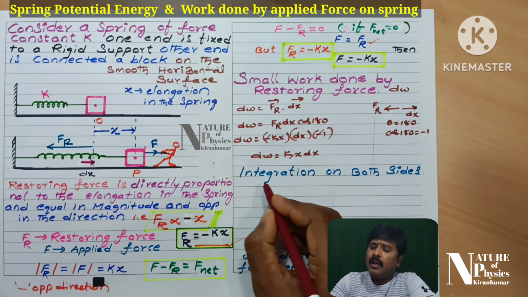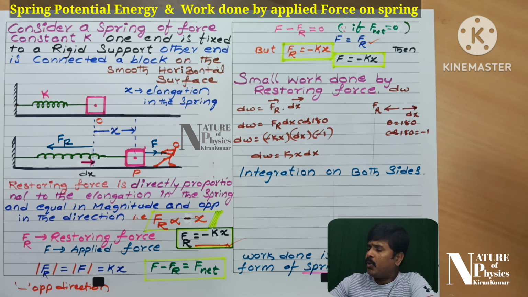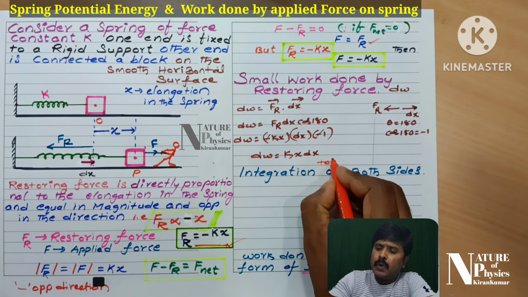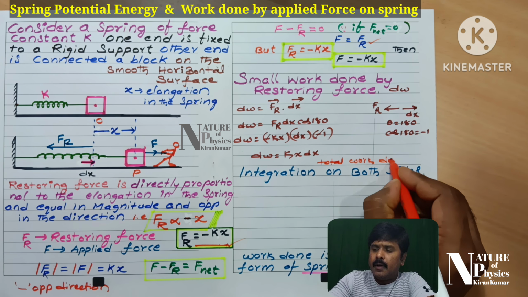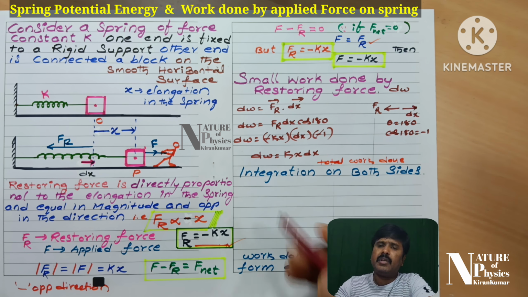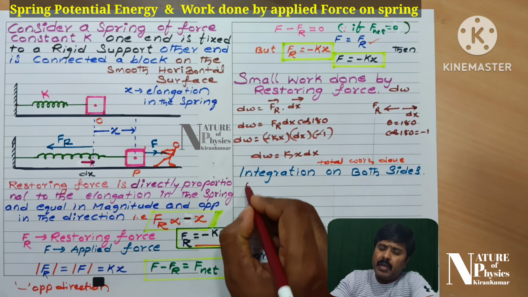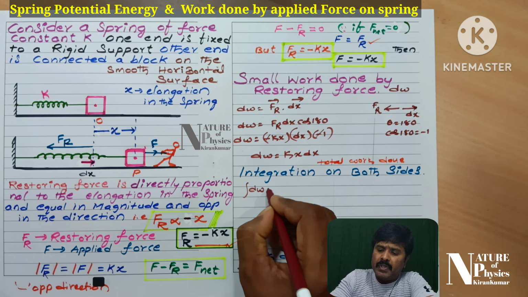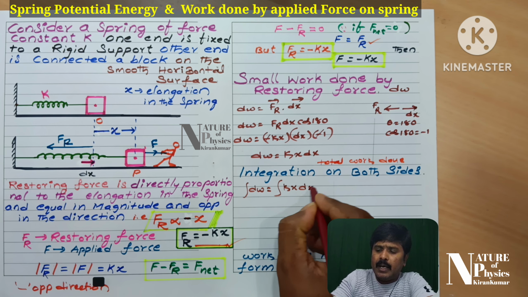Now we need to find the total work done, so I am going to write the total work done. Integrating on both sides of the above equation, the integral of dW is equal to the integral of k into x into dx.